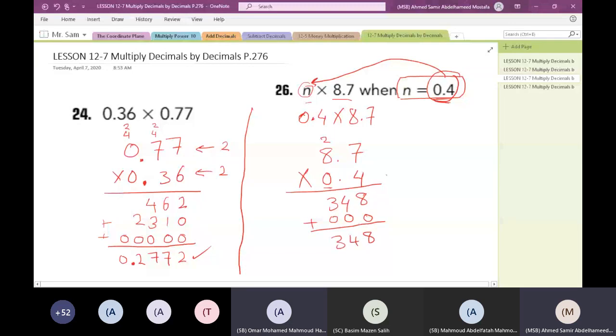Before the 3. Actually, it's after the 3, because we're going from this direction. So it's after the 3, not before the 3. Excellent job. Thank you very much. All right, next one. Because we're going from left to right, not right to left.